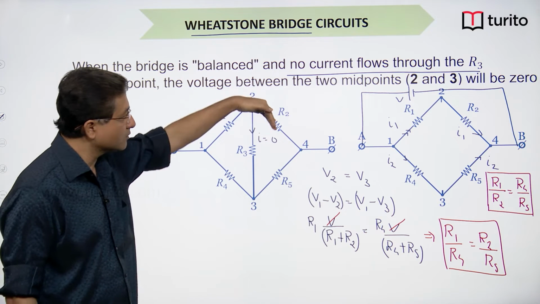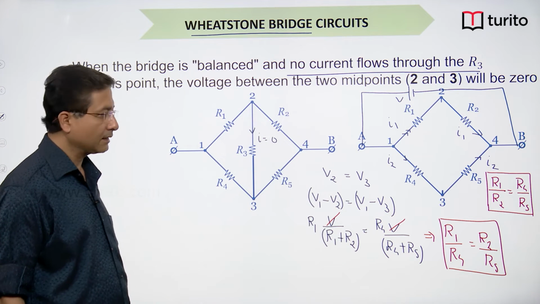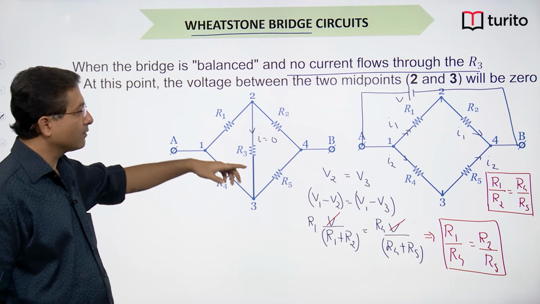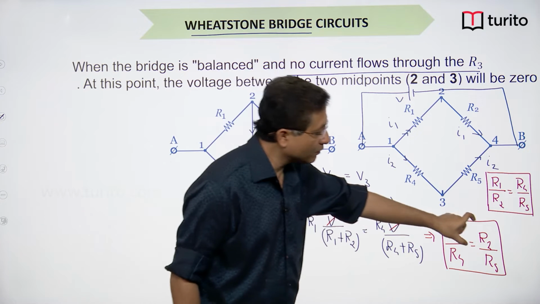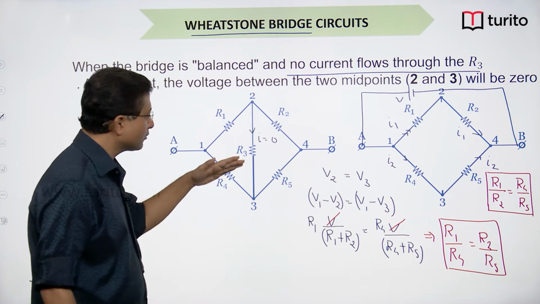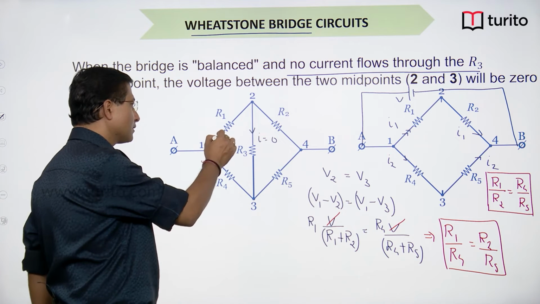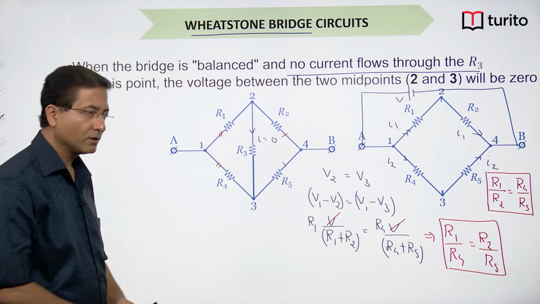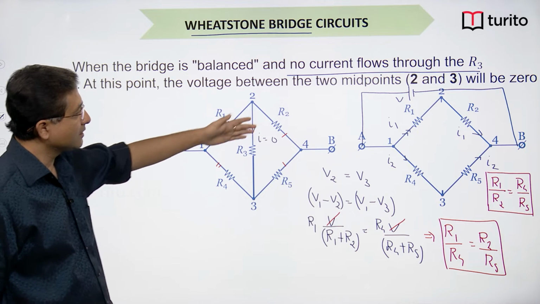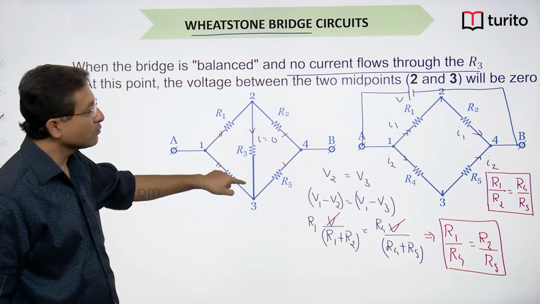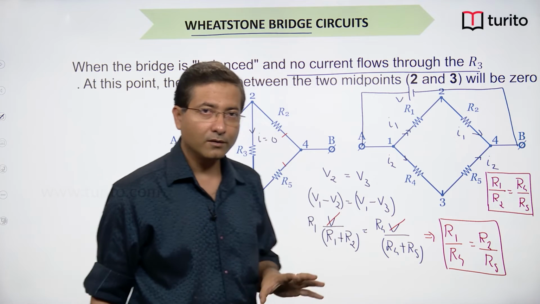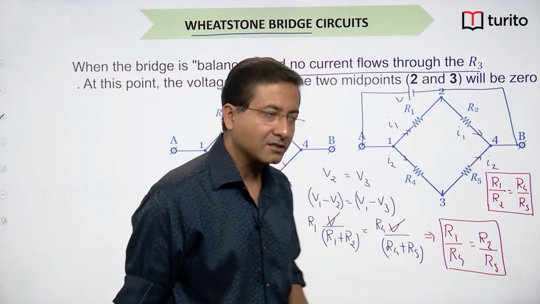This one upon this one is equal to this one upon this one, then it is in balance state. So, if the ratio here is same as the ratio here, then there is no flow of current. So, this is the condition for Wheatstone bridge to be in balance state.